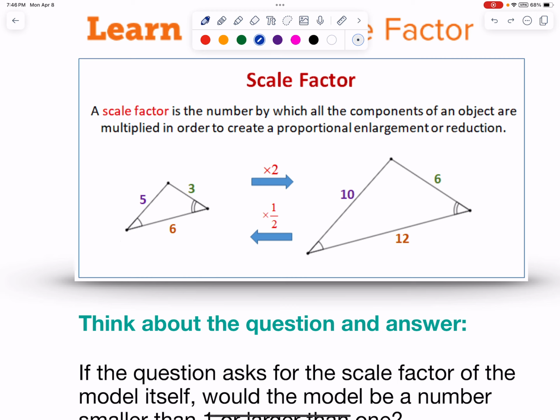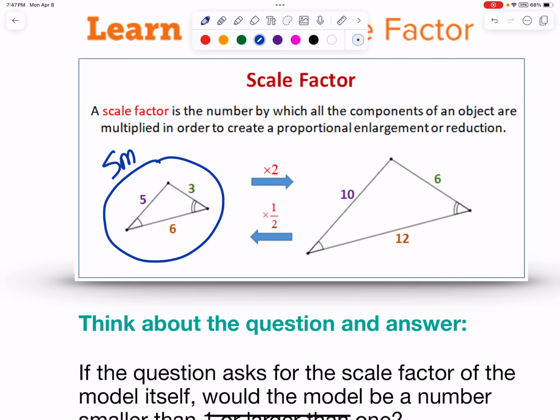If you went from big to small, we can look at this side and this side. You have to look at the same sides. We went from 12 to 6, so you multiplied by a half. So just focus on what is the multiplier from the one to the other. If I say, hey, this is my small model, what is its scale factor compared to the big?